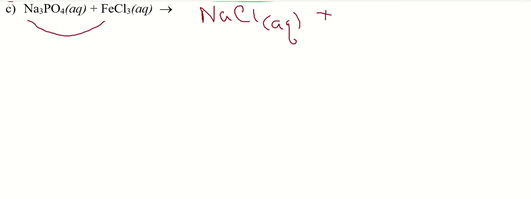And we're going to switch up. The iron is going to get a new partner. All right, so iron is going to be with phosphate. So now hold on for a second. What is the charge on iron? Iron can have multiple charges, but here's the hint. If you reverse crisscross, that 3 came from the charge on iron.